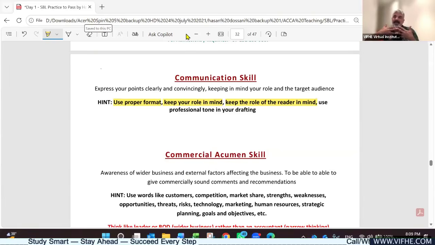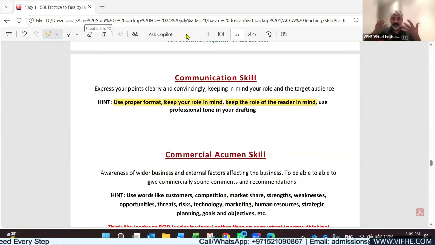So you have to explain your point in such a way that a non-finance person can also understand your logic. Is that clear? So in simple words, whatever you draft, make sure that any layman can understand your drafting. So that's normal, right? That's nothing extra.